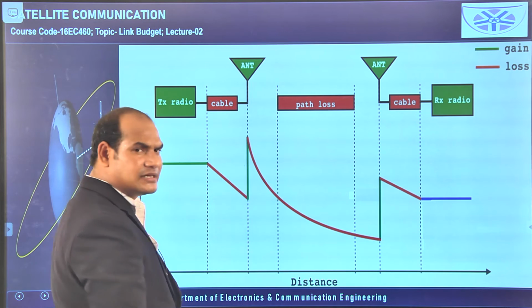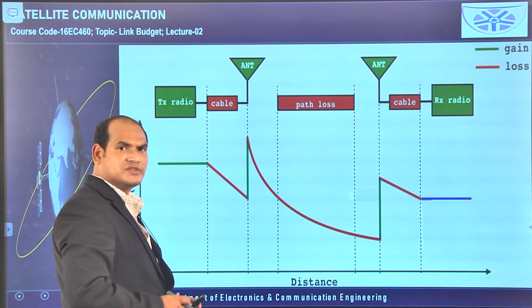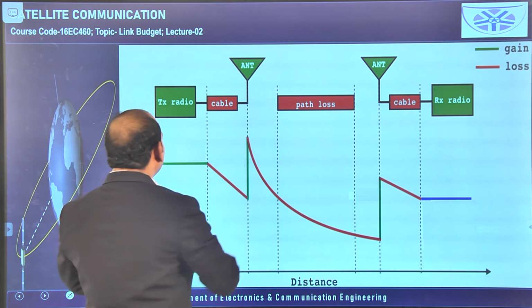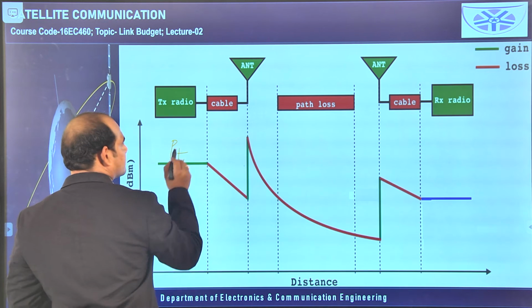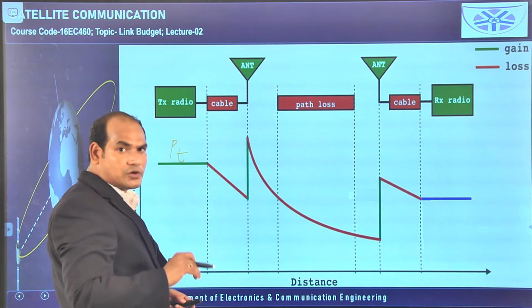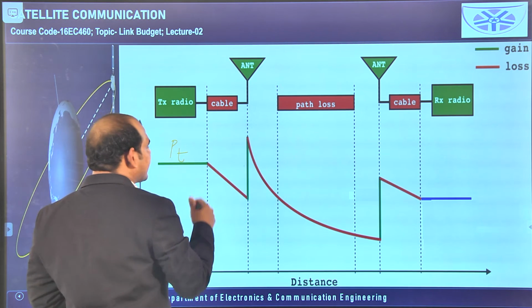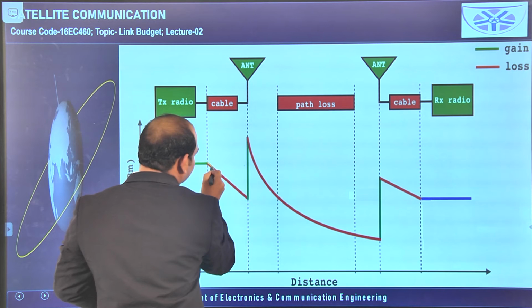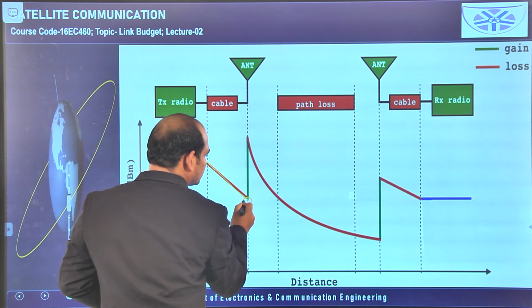If you see this diagram, whatever concept I have explained is written in a pictorial way like this. At the transmitter level, a certain amount of power we are transmitting. In the cable or in the feeding network, loss is available. Transmitting antenna loss is available. So loss means reduction, so the transmitted power is reduced and comes to this point.